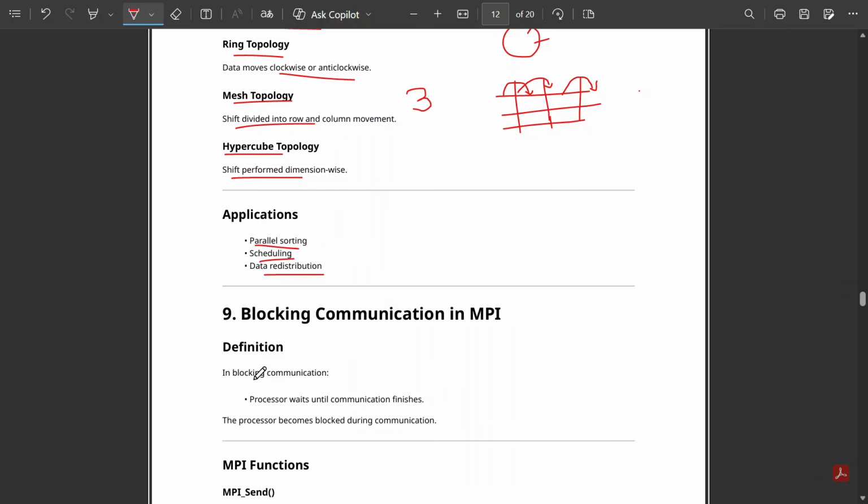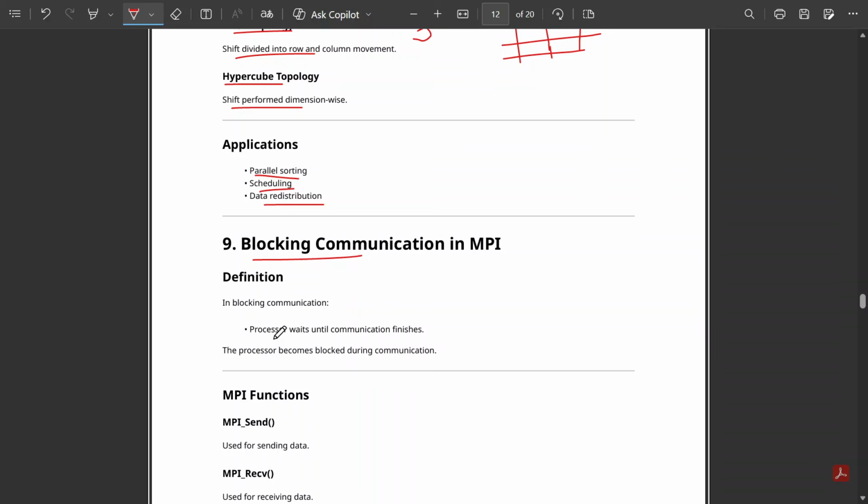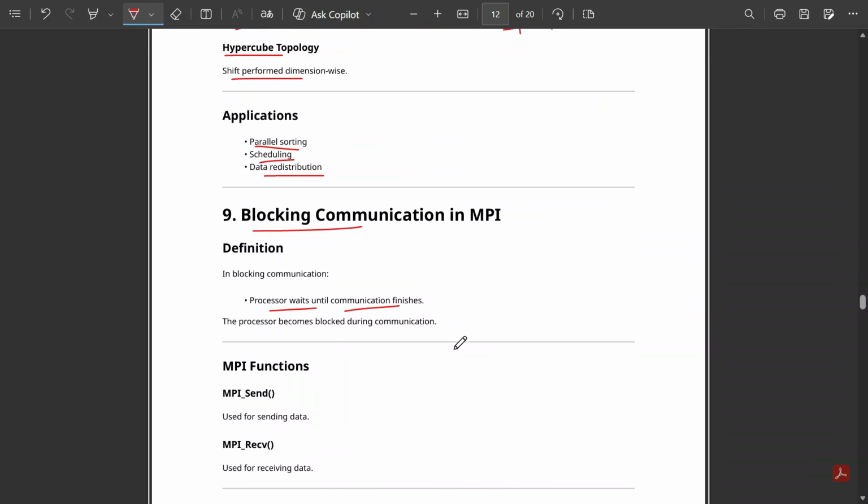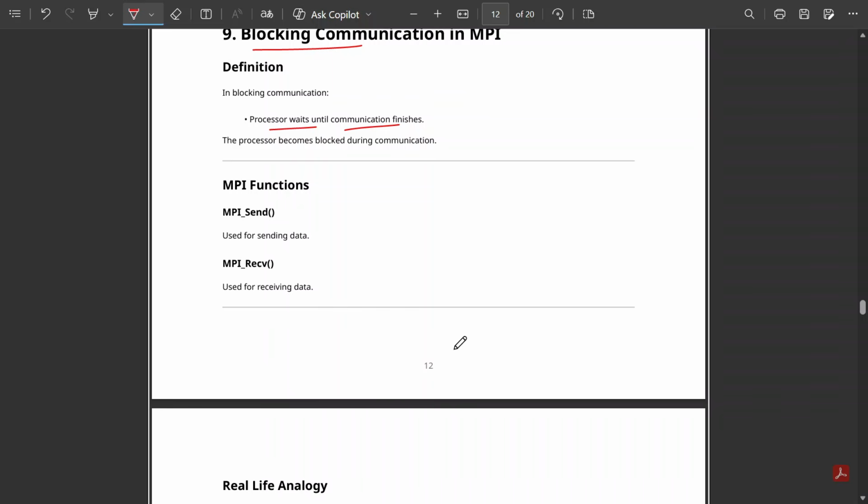So in case of blocking communication, the processor waits until the communication is finished. It means the process is running and waits until the communication is fully completed before it moves to the next instruction.